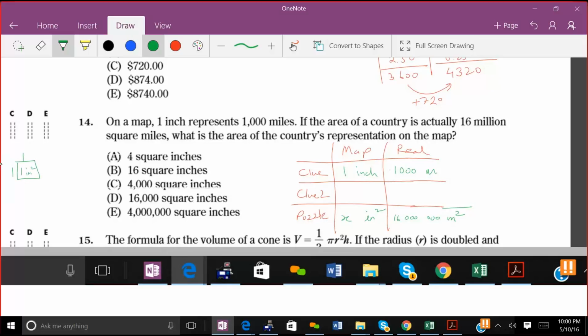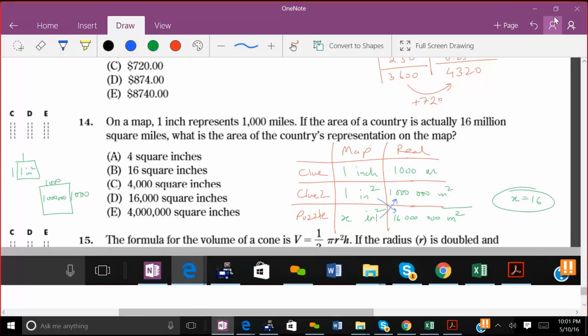We put 1 inch square here. 1,000 miles times 1,000 miles is 1 million miles square. Yeah, that's where it was confusing. Now, if you cross multiply, x will just be 16. Get it? Now you have the license to cross multiply. Before that, you didn't. Okay. Make sense? Yeah. Okay.